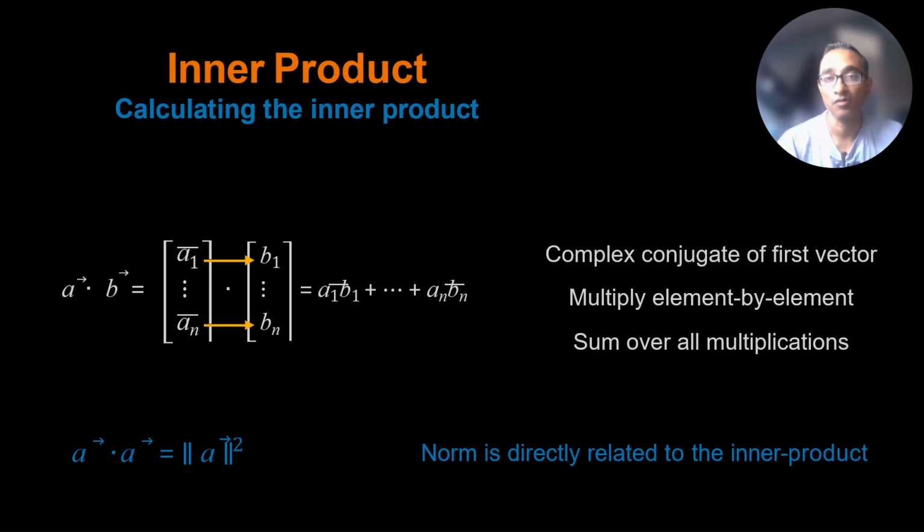Then the complex conjugate of the first vector is multiplied element by element with the second vector, and all those multiplications are summed. It is important to note that if you multiply the same vector with itself, it returns a scalar value, which is the square of the magnitude.